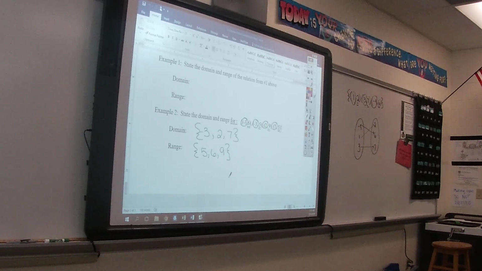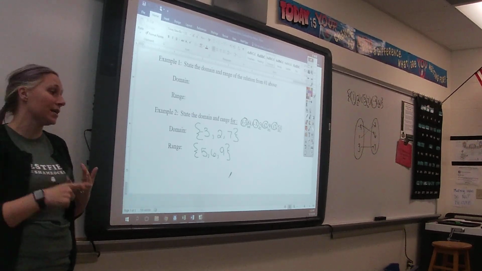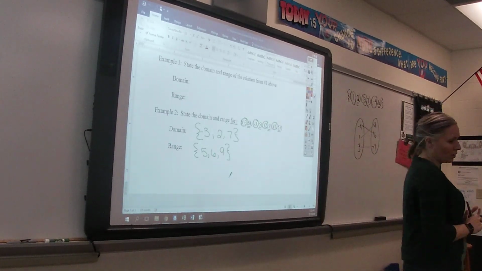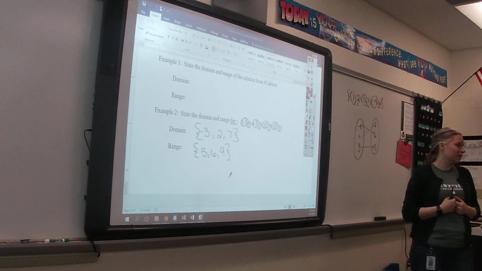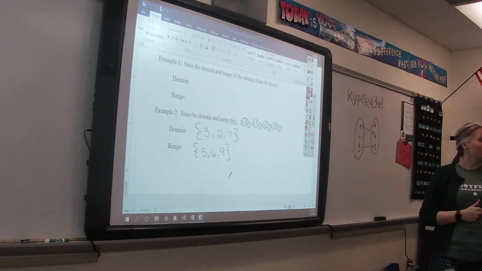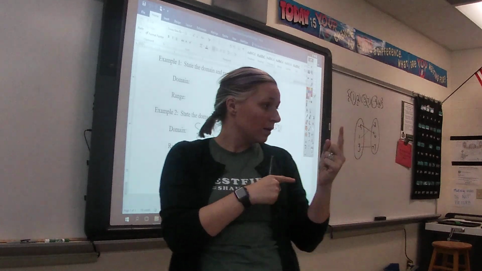Okay, knowing this information, does this help us breathe a little bit easier about the fact that we'll have a test next week, maybe? Kind of. Now, here is the deal with listing domain and range. You just have to make sure you know those pieces of no repeats, in numerical order, and in braces. Domain and range are the one unique situation where we can't go back to the other forms.